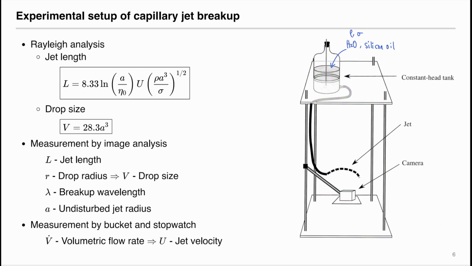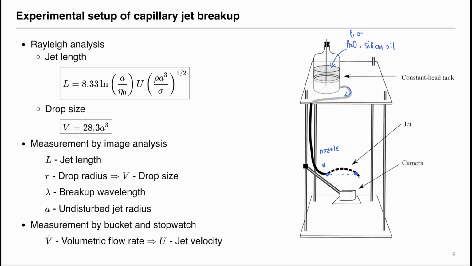The tank is connected by a tube down, so that here we have a nozzle that is horizontal but slightly tilted up, so that when the jet is breaking up around here, the height is the same.